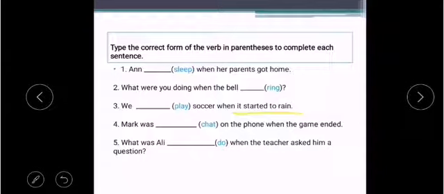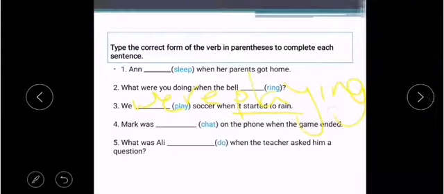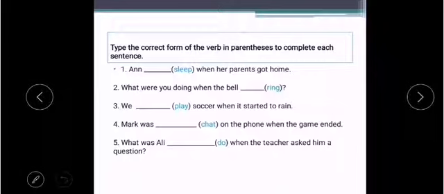Play بتصير playing, so we were playing when it started to rain. لما بلشت تمطر.